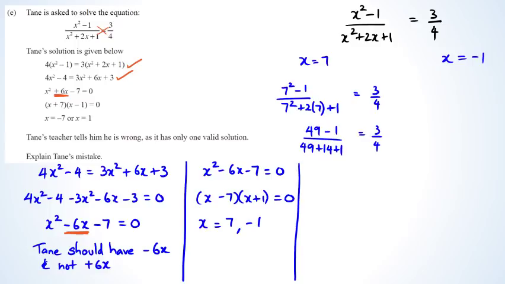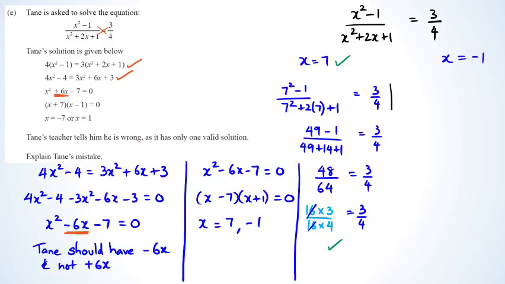In the numerator I have 48, in the denominator I have 64, which equals 3 over 4. If you're really good with numbers, you can pick up the pattern that 48 and 64 have a common factor of 16, and could be written as 16 times 3 and 16 times 4. Of course, you should be able to see that the 16s cancel out. You've got 3 over 4 equals 3 over 4, which means x equals 7 works.